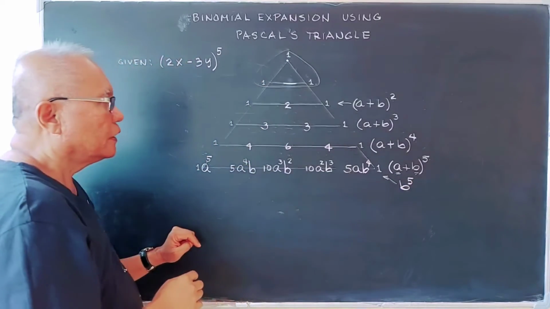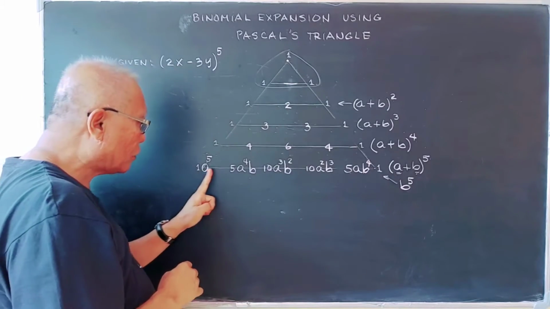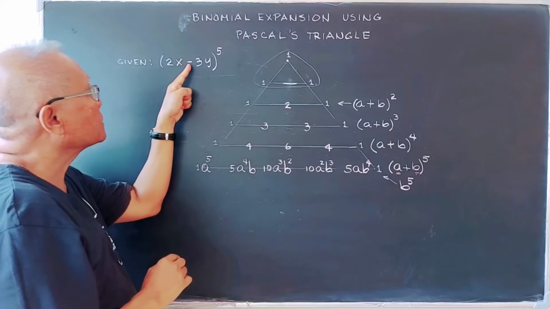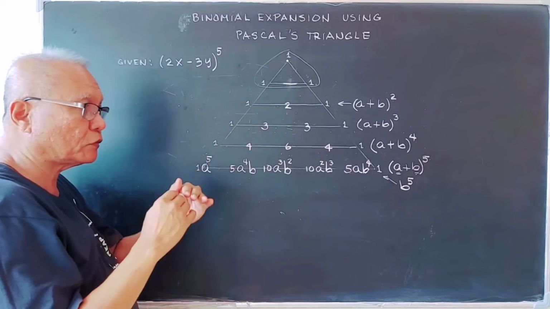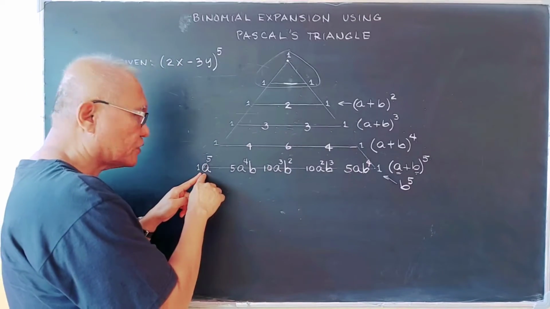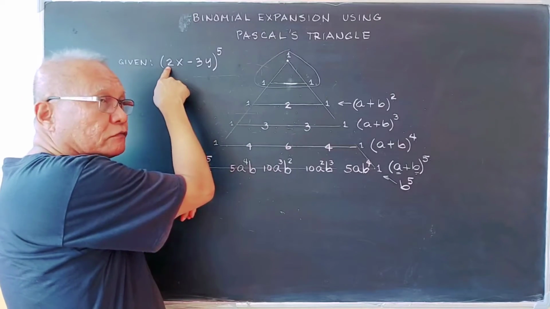Alright. If this one is plus, they will all be positive. But this one is minus, therefore it will alternate positive and negative. So the first term is positive, because this one is positive.